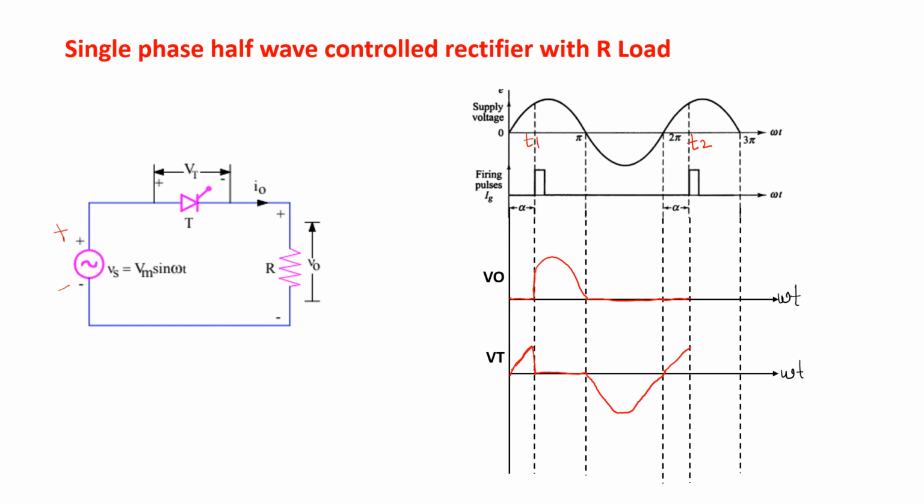Current will flow through the circuit again and we get output voltage equal to the supply voltage. As the SCR is in the on state, it offers very low resistance, and because of that the voltage across the SCR is nearly equal to 0. So this is about the single phase half wave controlled rectifier with resistive load.